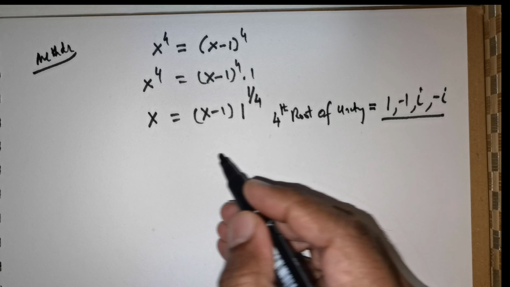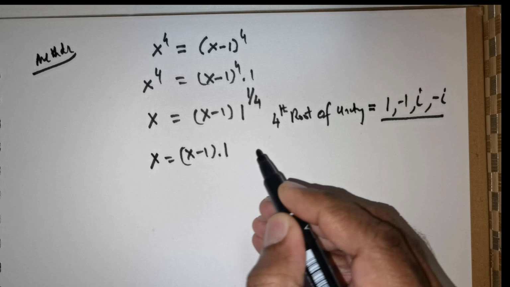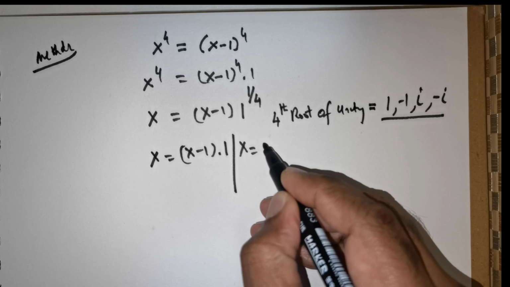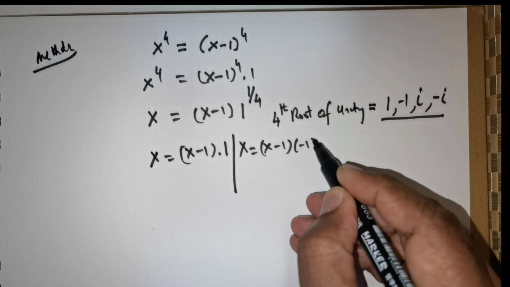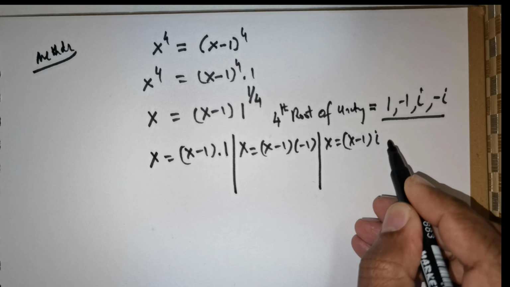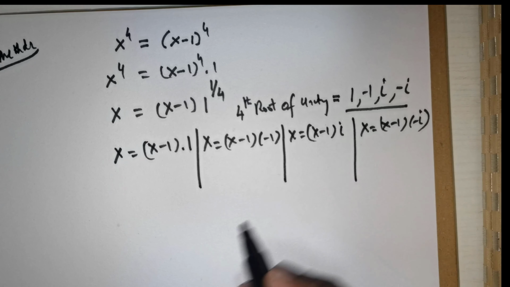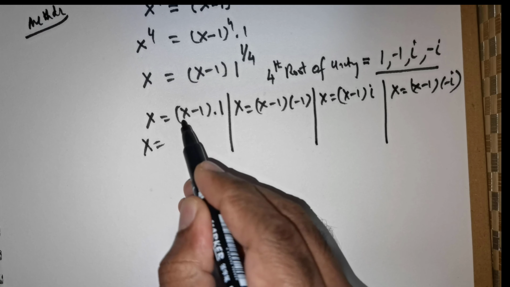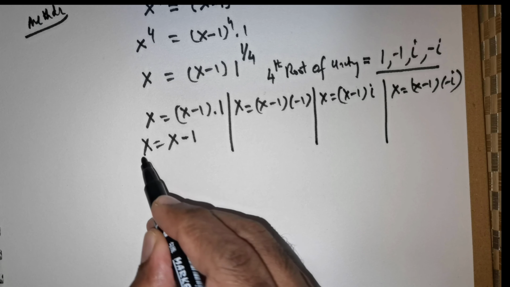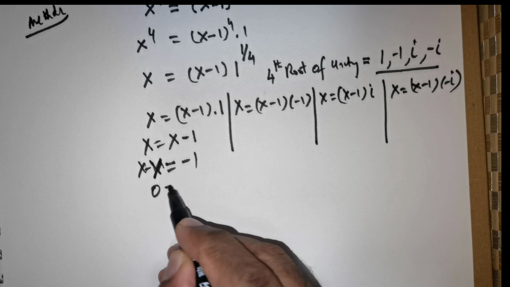So if I were to take 1, I would have x = (x-1) multiplied with 1. This is the first case. Second case, x = (x-1) times -1. Case 3, x = (x-1) times i, and finally x = (x-1)(-i). Now if you take x = (x-1) times 1, you would get x = x-1, which means x - x = -1, 0 = -1.